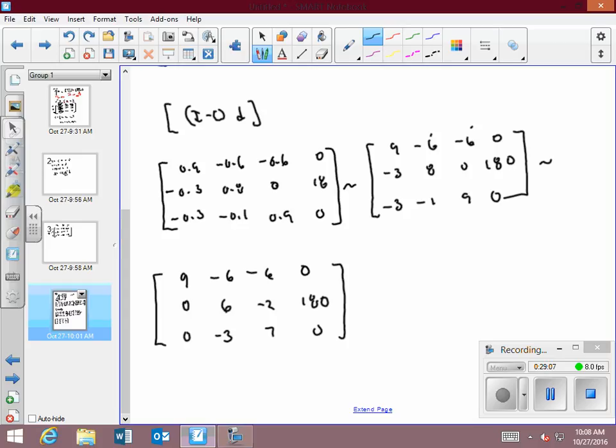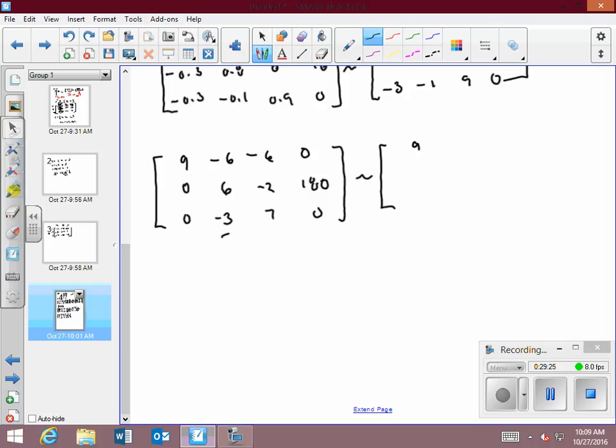Now, when I eliminate this minus 3 down here, if I stay with fractions, it's going to be half, and half will work the whole way through.